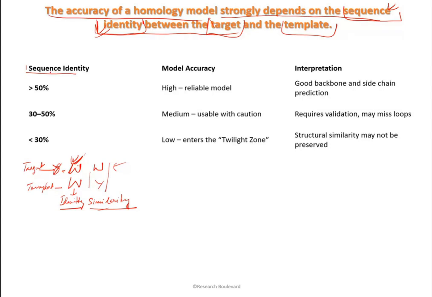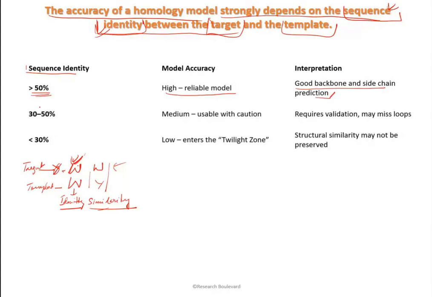Okay. So when you have sequence identity of greater than 50%, that means the identity of the target and the template, right? If it is more than 50% sequence identity, you can produce the model very accurately, and a reliable model you can generate. That means you have good backbone and sidechain prediction, right?